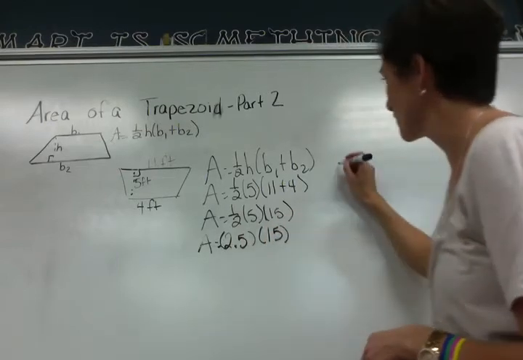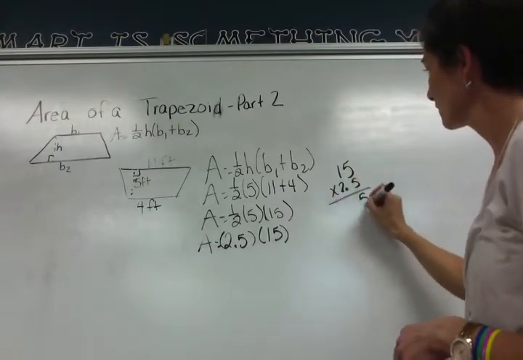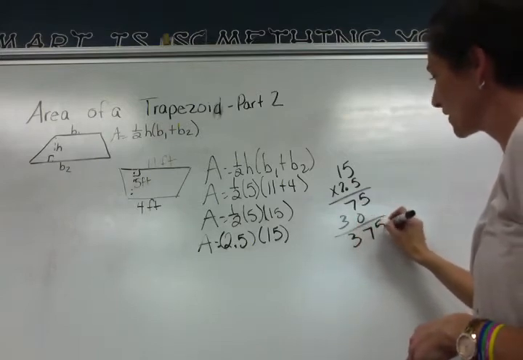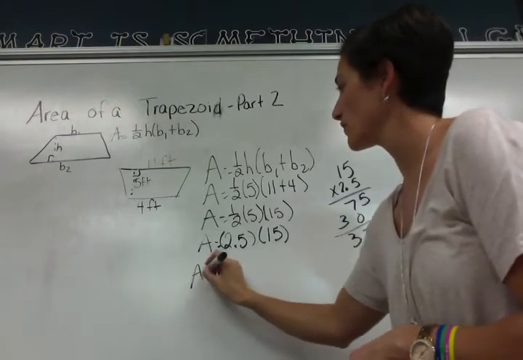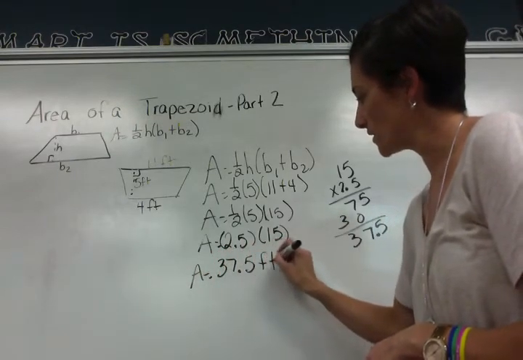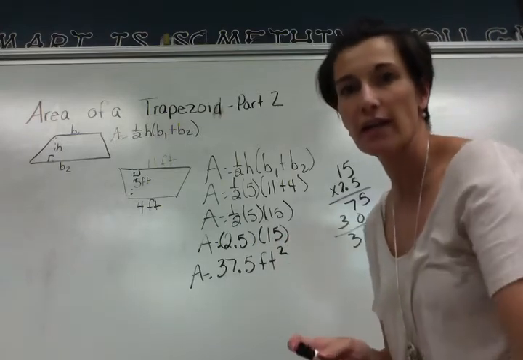So that one I actually have to do some math over here. And then I'm going to make sure that I bring my decimal over one spot. So my area for this trapezoid is 37.5 feet squared.